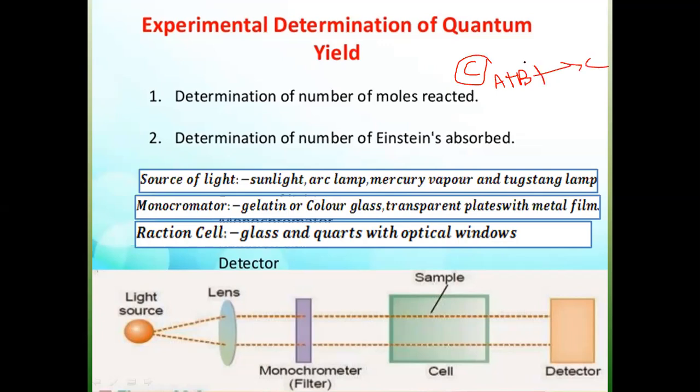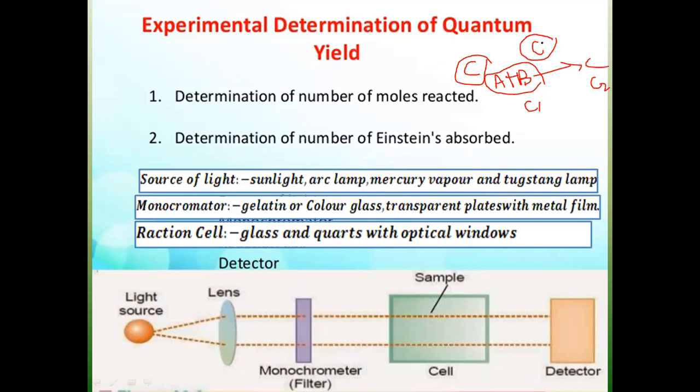So what is the concentration of A and B when it is reactant, and what is the concentration of A and B after the formation of the product? You know these two concentrations, concentration 1 and concentration 2, and if you take the difference of these two, you will get the exact concentration of how much reactant molecule reacted.